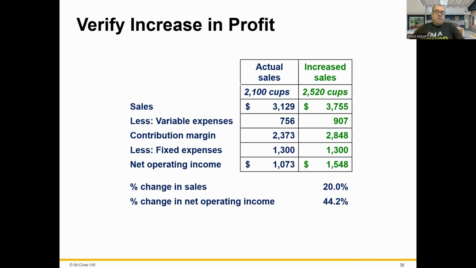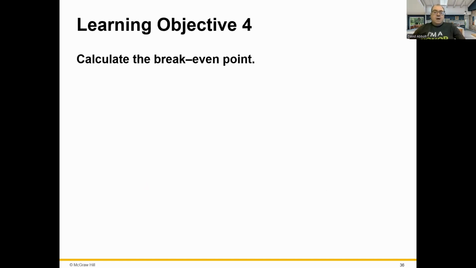Contribution margin would increase from 2,373 to 2,848. Remember, our fixed expenses are fixed, so they're going to stay the same regardless. So that's 1,300. So then our net operating income would increase from 1,073 to 1,548. And that works out to a 44.2% change in our net operating income.